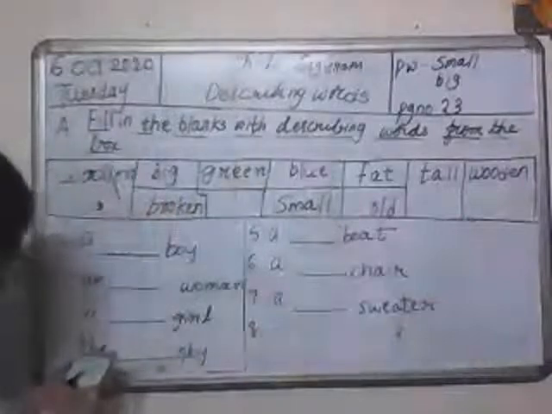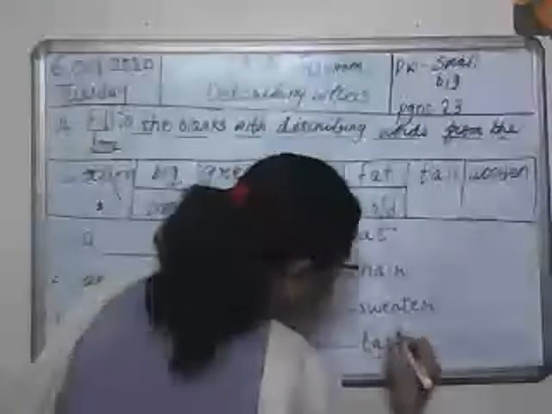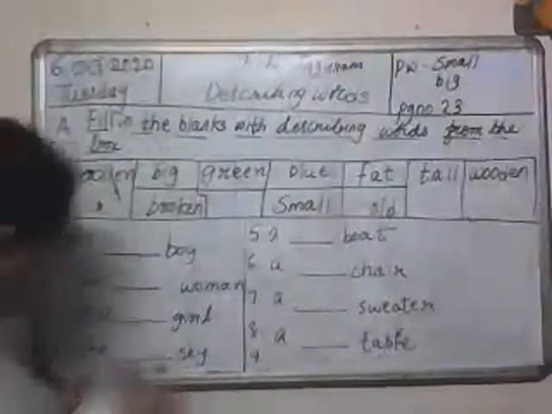Number 8, a dash table. Number 9 is a dash park. And number 10, the last one, is a dash tree.